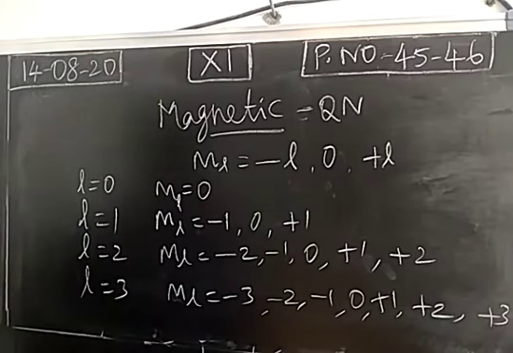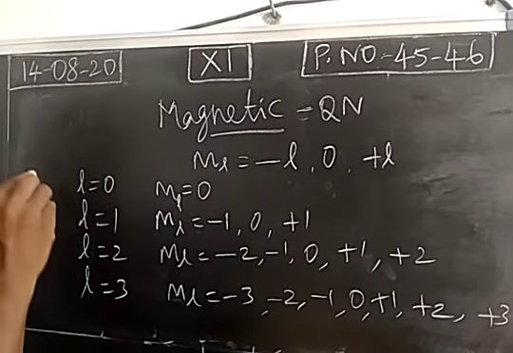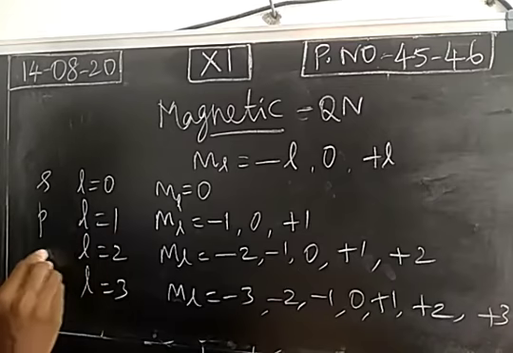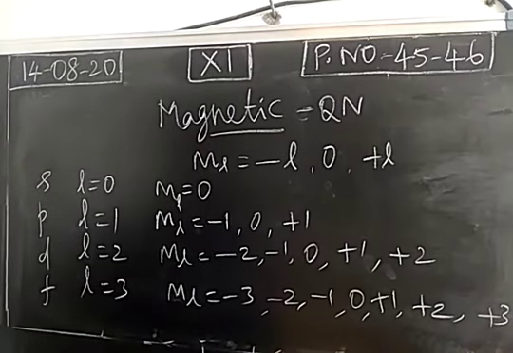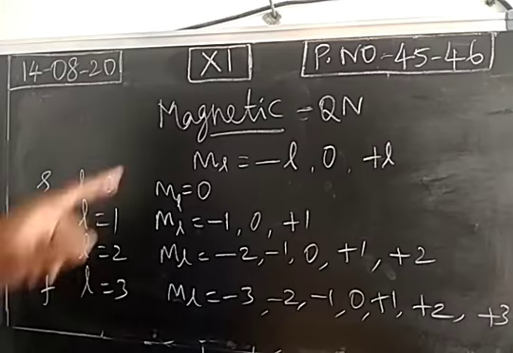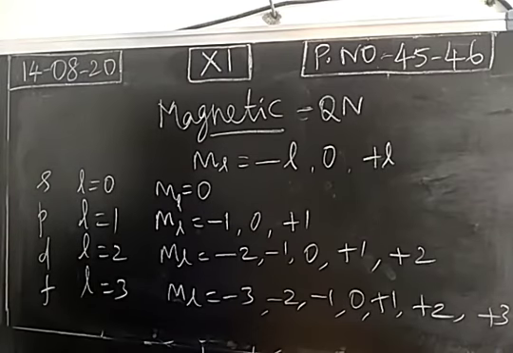The magnetic quantum number describes the orientation of the subshell. What are the subshells? S, P, D, F. These are the subshells in an orbit. The magnetic quantum number describes the orientation of the subshell in 3 dimensions, in X, Y and Z. So for the S subshell, how many magnetic quantum numbers do we have?